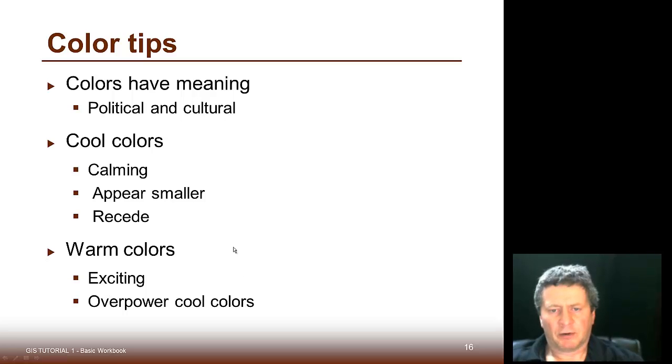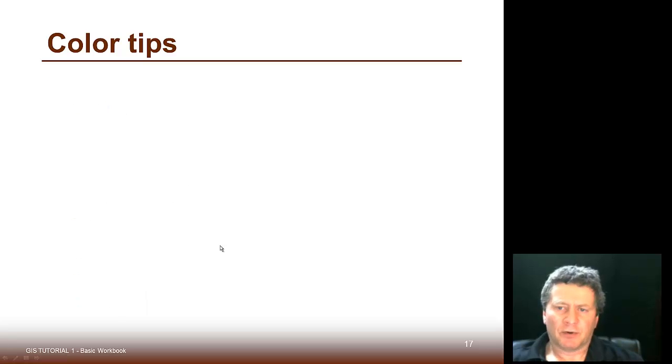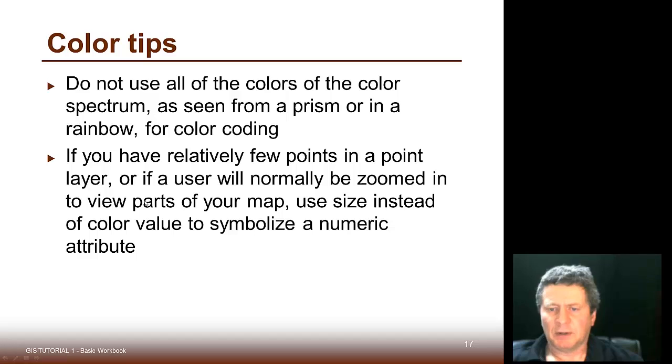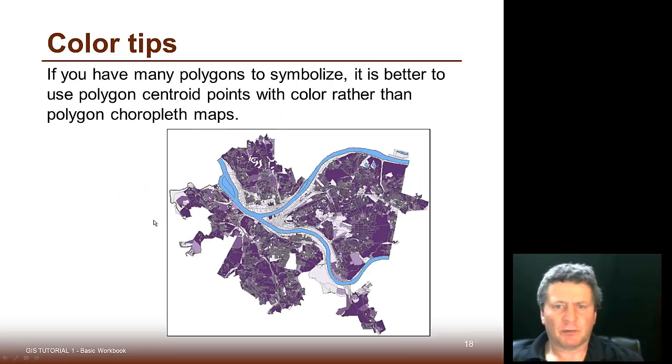So we tend to downplay the cool information and enhance the warm information. You really don't want to do it as a rainbow. You don't want it to look like a kindergarten map. You want to be careful about the size of the color value, so you want to be a little bit careful there. Here's a series of tips.